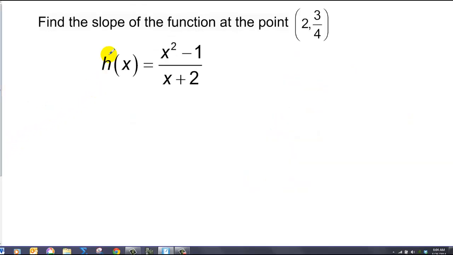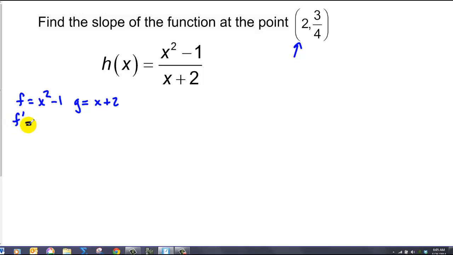Now we're going to find the slope of the function at a point. That means finding the derivative and then plugging the x value into the derivative. Once again, f is equal to x squared minus 1. G is equal to x plus 2.